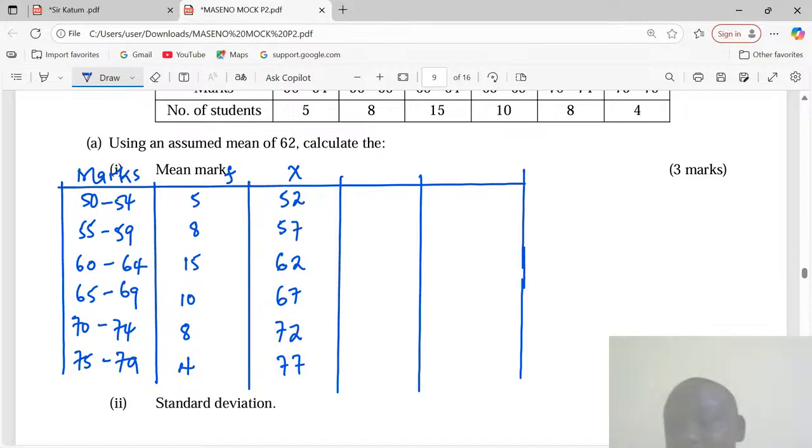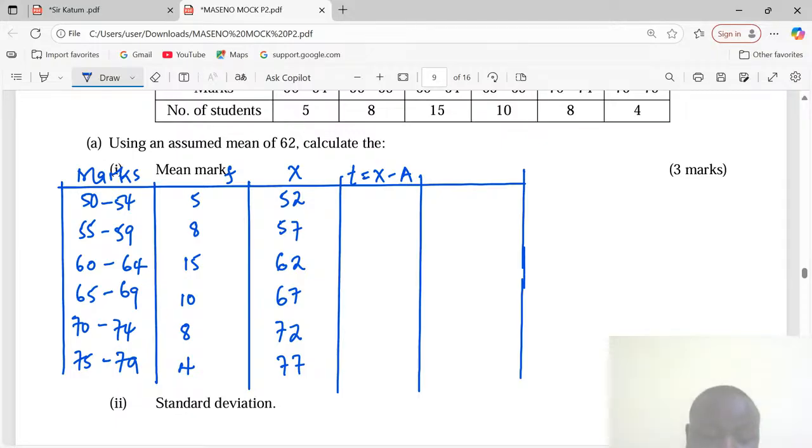Now we need to get the deviation of each midpoint from the assumed mean, because we are told using an assumed mean of 62, calculate the mean mark. So we will talk about t, which is given by each midpoint minus the assumed mean. X is the midpoint, capital A the assumed mean.